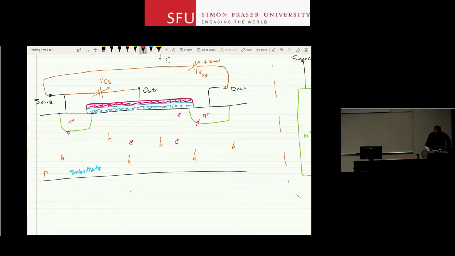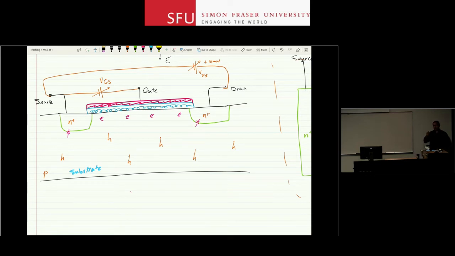And you bring these electrons closer to the surface, right? So you start accumulating some of these electrons close to the surface. The positive voltage attracts those electrons to underneath the gate. But the insulator stops the electrons from going into the gate, actually. So they just come and accumulate right underneath the gate region.